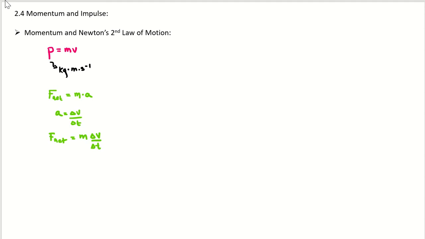So this delta v, I can write it as such. So F net is equal to m times (v final minus v initial) over delta t. And then I can distribute this mass. So I can write it as such.